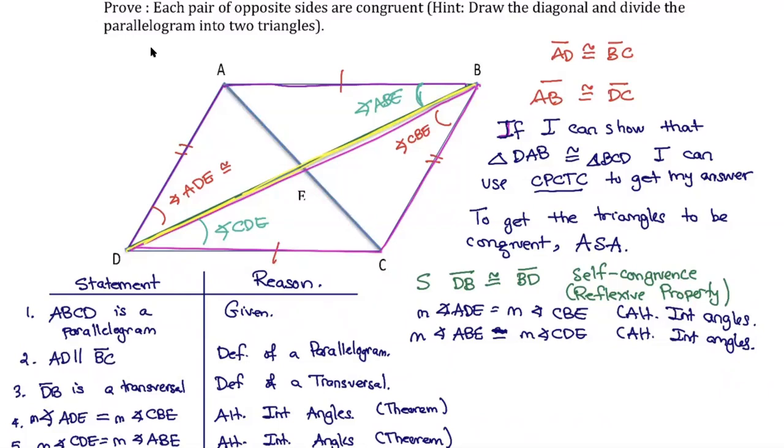In order to do this, I noticed that I did not know any information about the sides, and so side, side, side for the two triangles was not going to work, nor could side, angle, side, since I would need to know something about two sides of each triangle. I only know something about one, the diagonal, which is that it's congruent to itself.